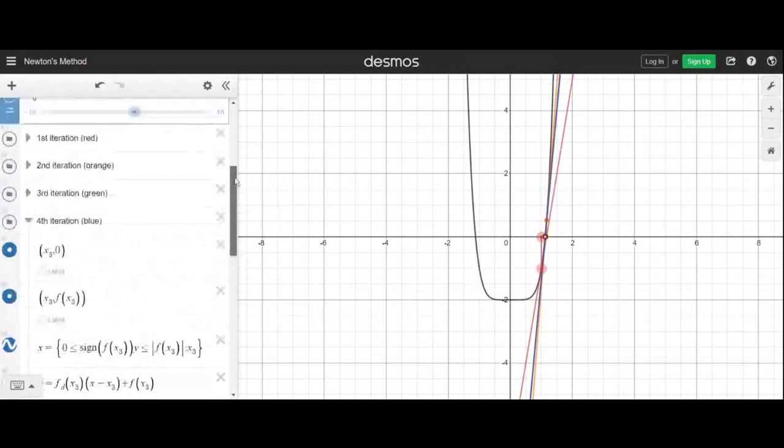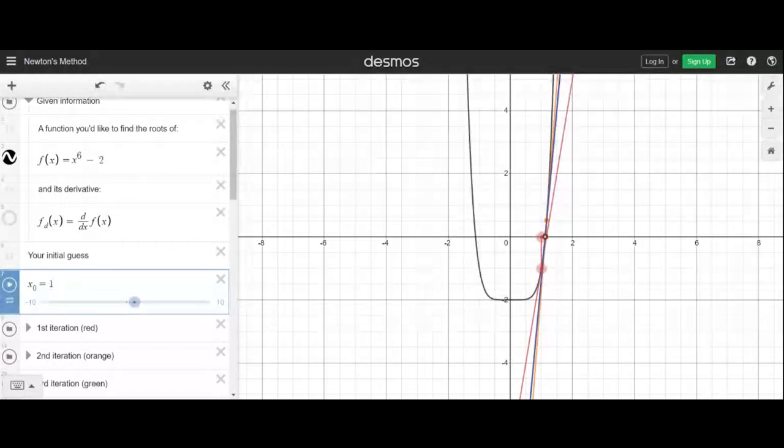So if I wanted to do more iterations, what I could do is go back to my initial guess and put in x sub 5 right there. See that? I'm putting in x sub 5. I want to continue the iterations.